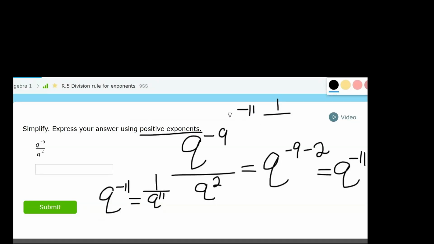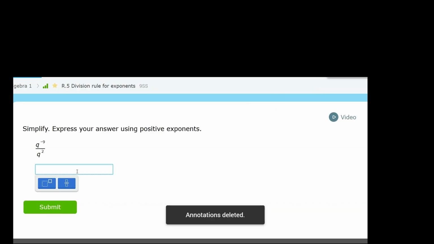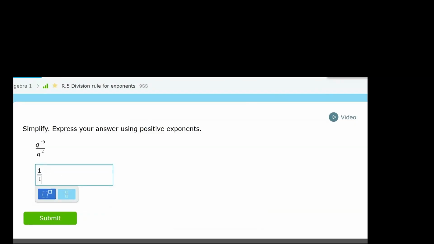So we have q to the negative 11, and that negative sign tilts up to a 1 over q to the 11. Okay. All right. So let's put that in and see. Fraction 1 over q to the. Whoops. Gotta press that exponent bar.